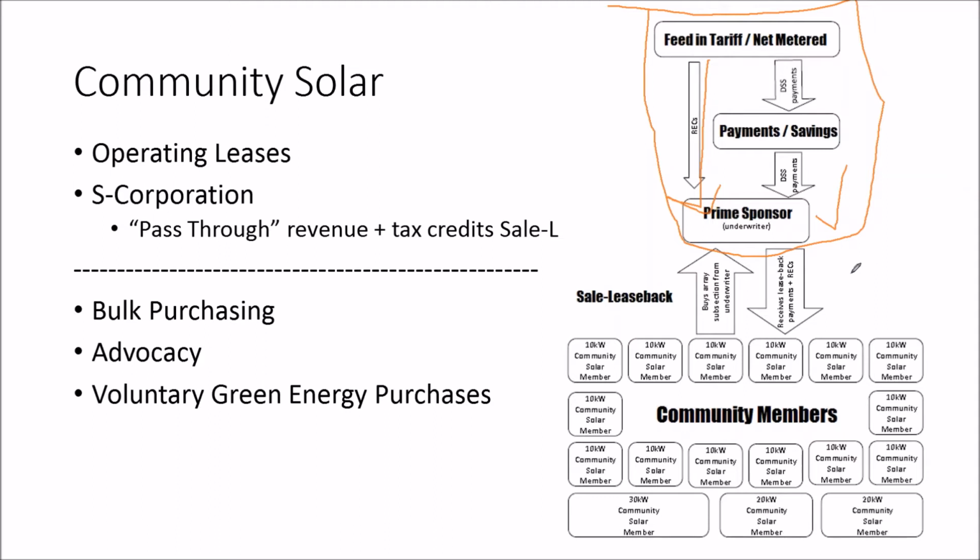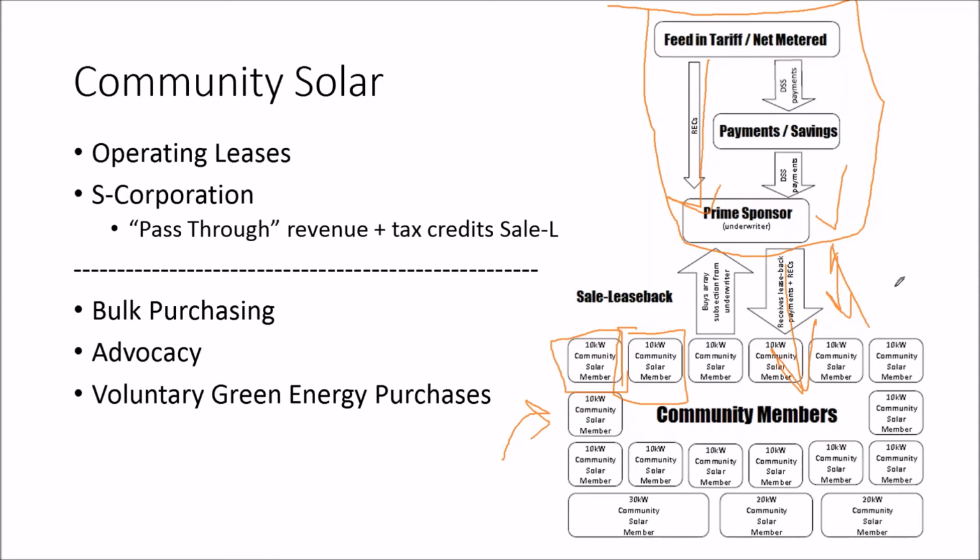And so what our community solar layer was basically having 10 kilowatt blocks of our 350 kilowatt array available for a sale leaseback arrangement, where the idea was that individual homeowners or business owners who couldn't put solar on their roof would come in and buy a 10 kilowatt block, and then receive lease payments back based on how much they bought.